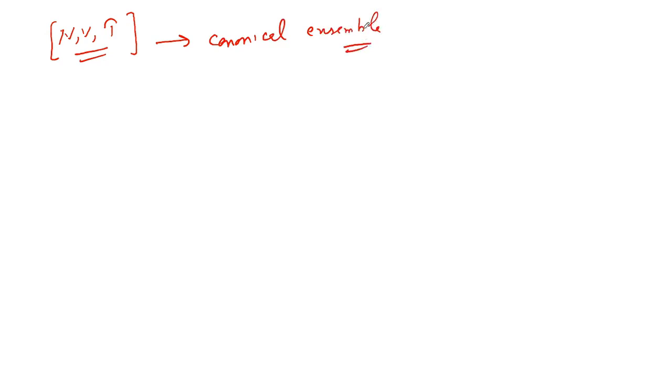So in such an ensemble, the energy of the system is variable, and we generally keep the values of the energy between 0 and infinity. So the energy is variable in the canonical ensemble.